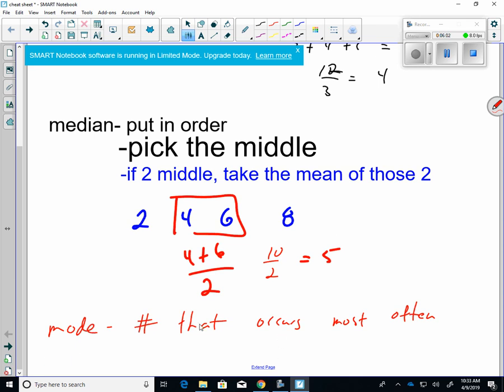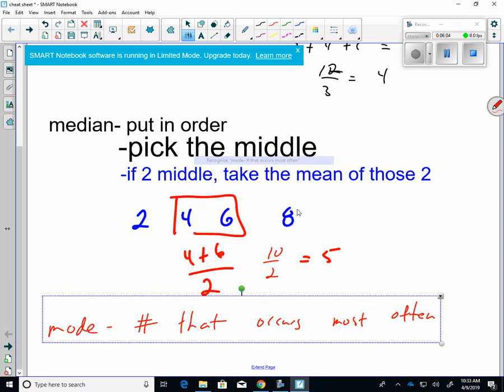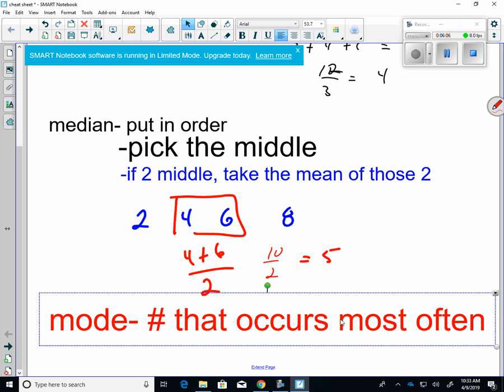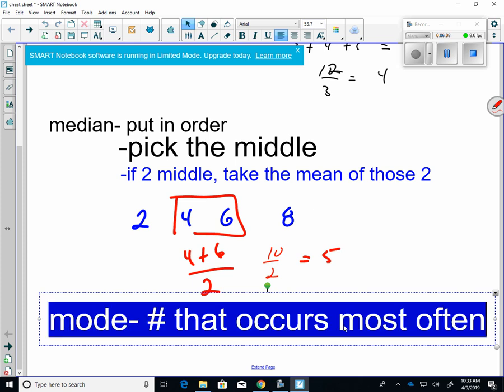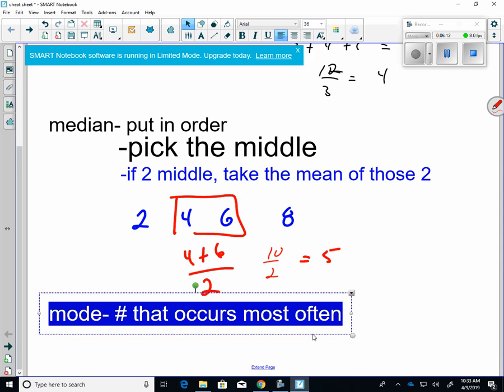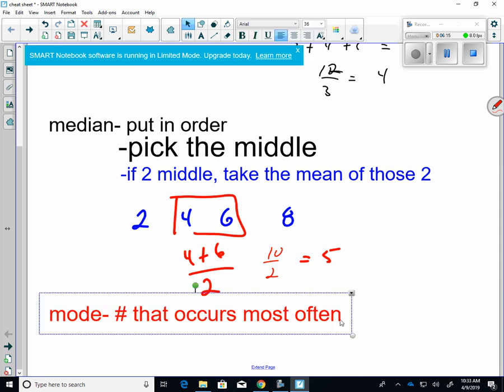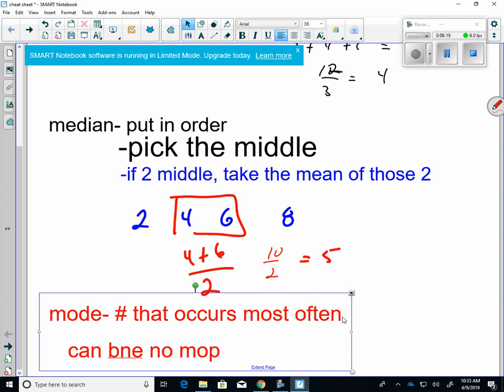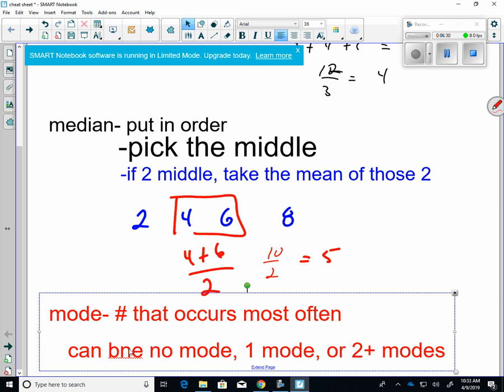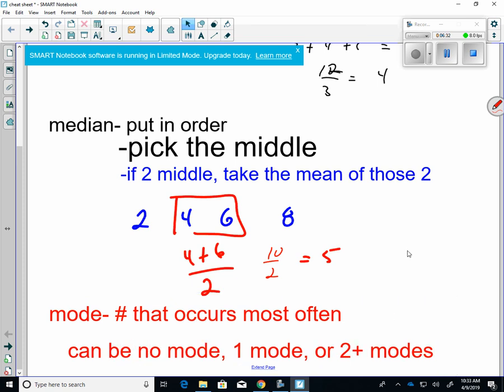We should say this: it's the number that occurs most often, and there can be no mode, one mode, or 2+ modes. There can be many modes, whichever ones are most common.